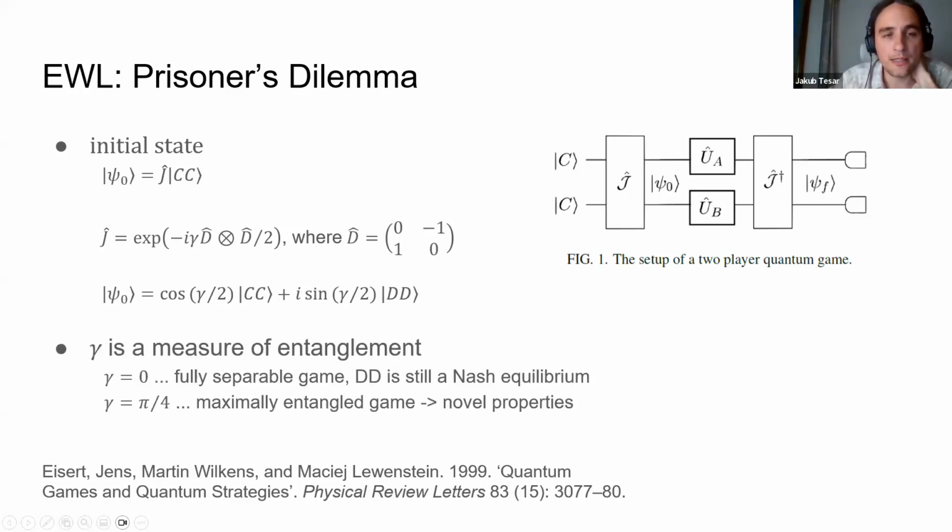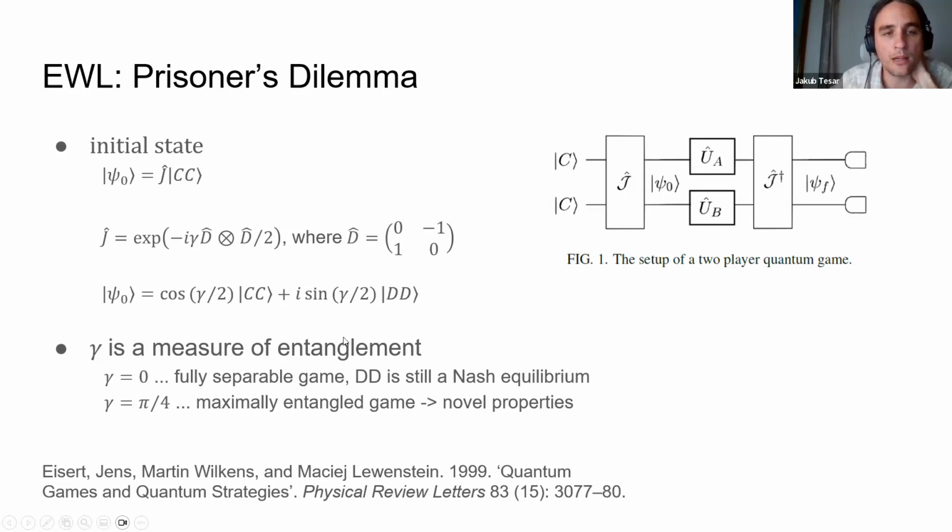And what is interesting is that gamma here actually represents a measure of entanglement. So if you have gamma equal to 0, then the game is fully separable. The original state will be only CC, because cosine of 0 would be 1. So we would have this part of the initial state, and sine of 0 is 0, so we will not have the second one.